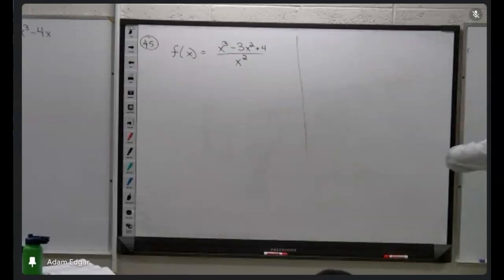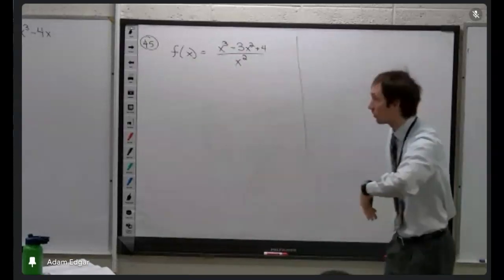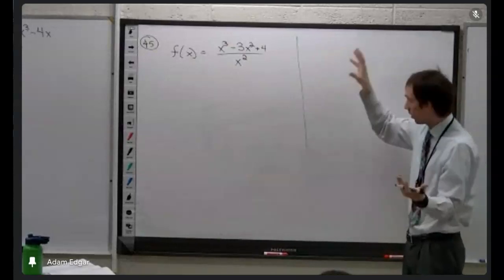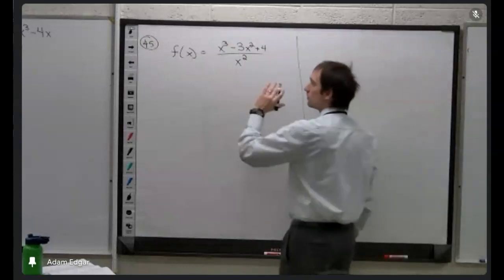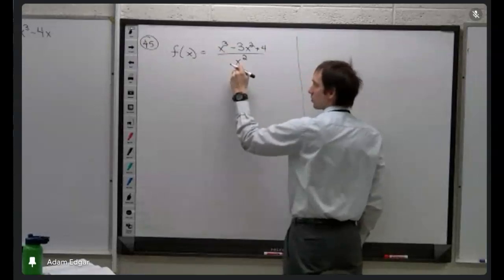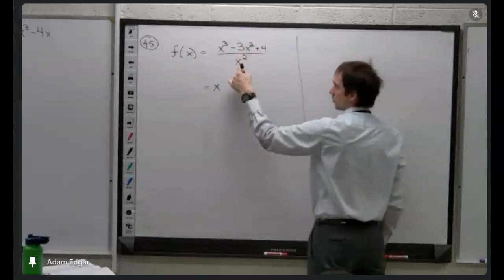So, step one, what do we got to do? Divide or cancel out, or I heard one person say bring the x squared up. All of those are good. Let's do the dividing method. If you divide, then what's x to the third divided by x squared? And what's 3x squared divided by x squared?